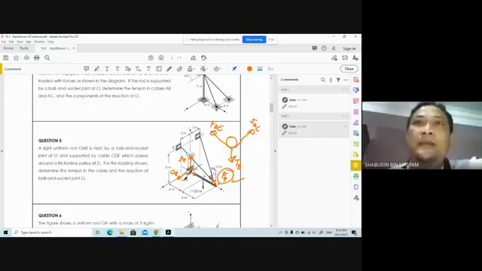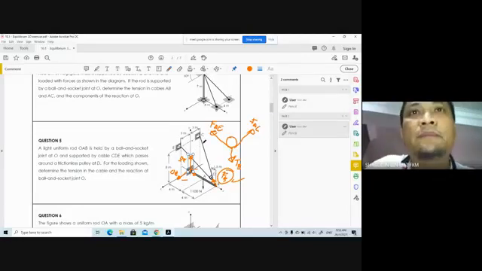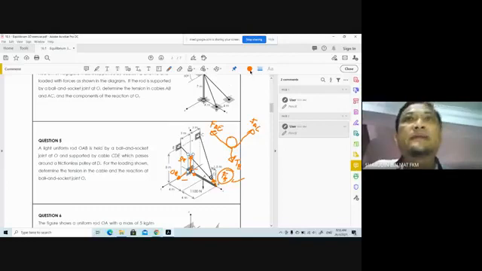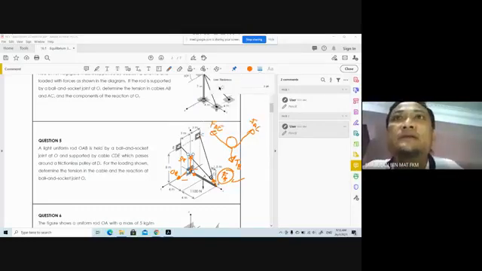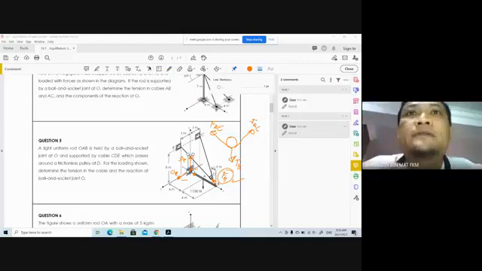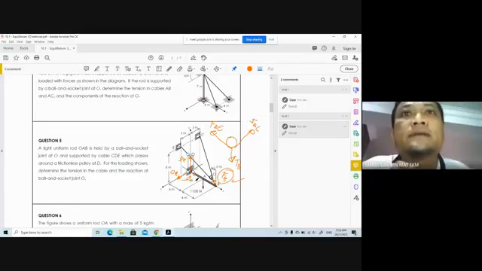Because the student wants to resolve at point E, point C, let me write it clearly for you. This is simple to see: OX, OY, and OZ.